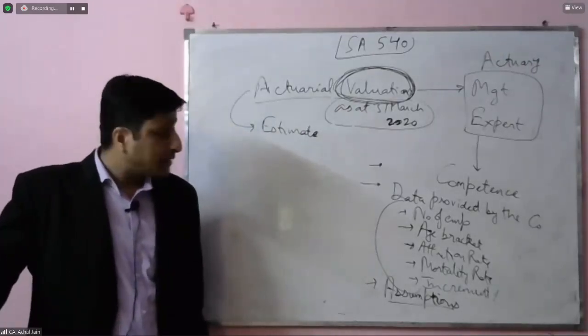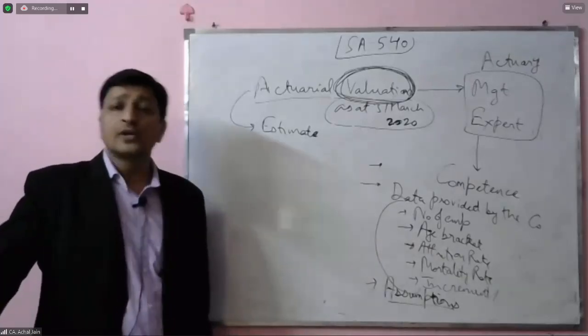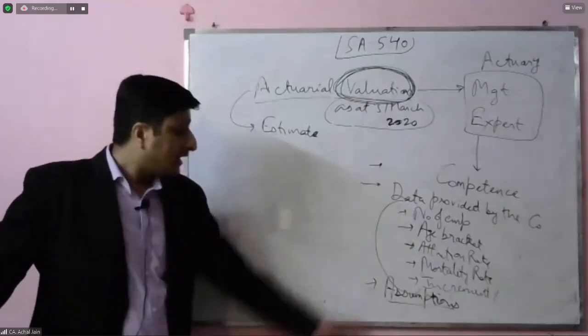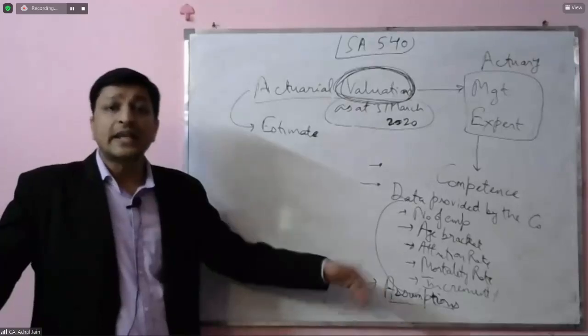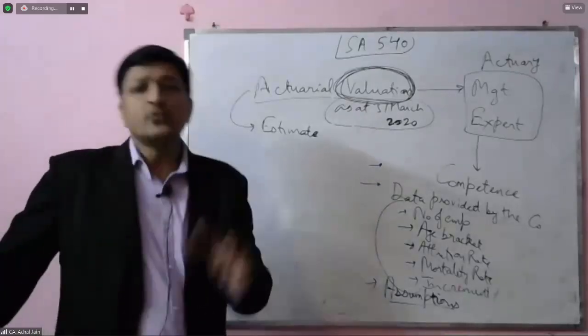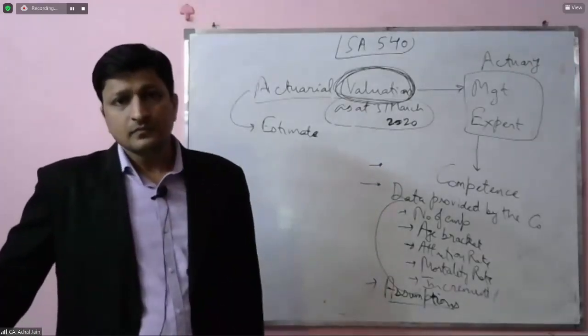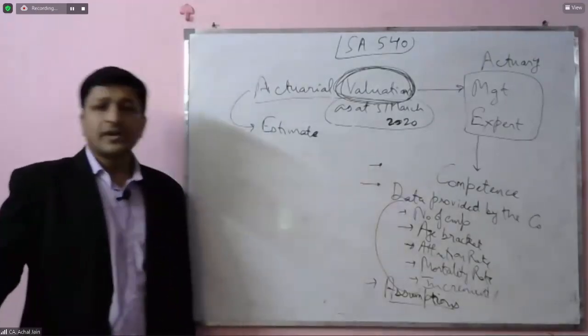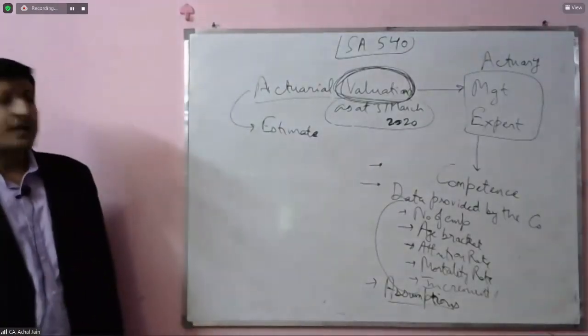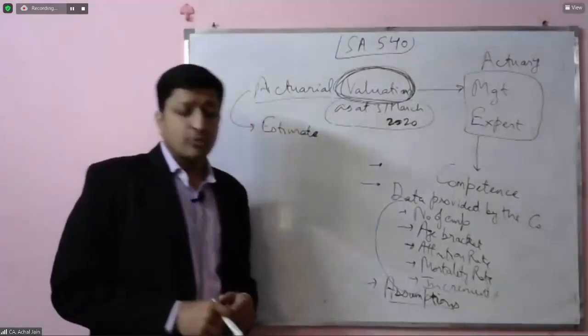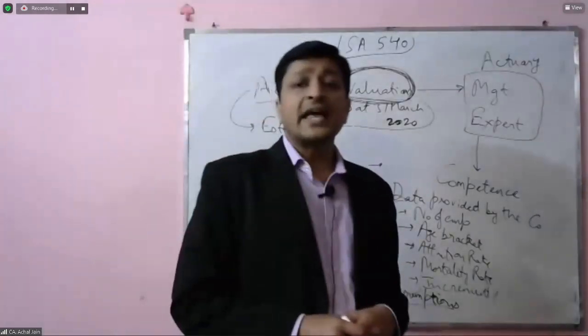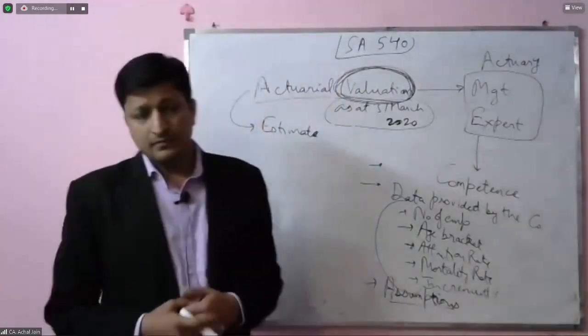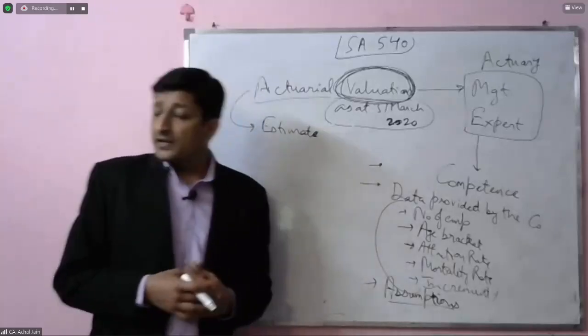That's why it becomes important for the auditor to ensure that all of these assumptions are in line with what should have been used. The discount rate used by the actuary, whether that is in line with what the industry has been following. If that is all right, then it's okay.